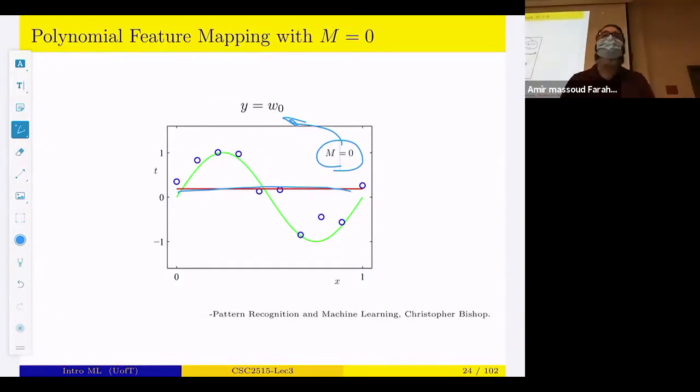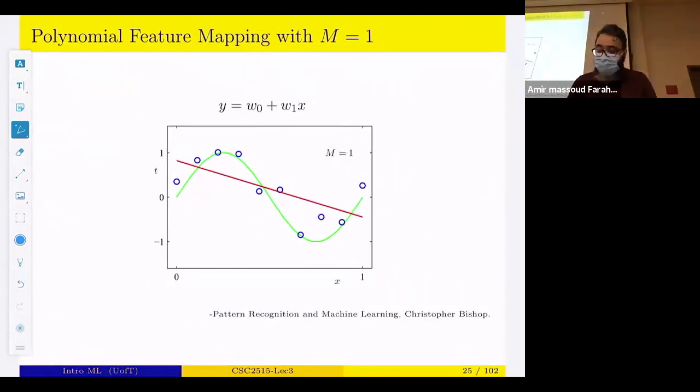This is not a very good fit. If we add another dimension, m equals 1, our model is w0 plus w1 x. We get a linear fit, which is much better, but not great.